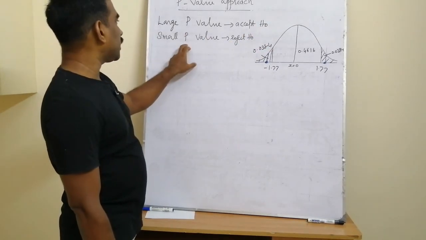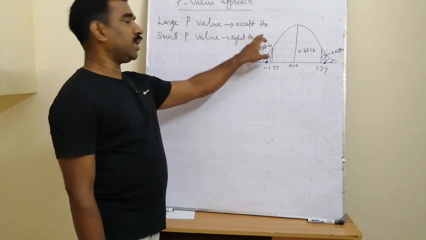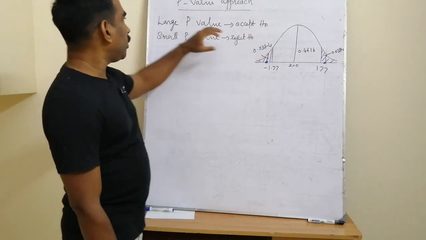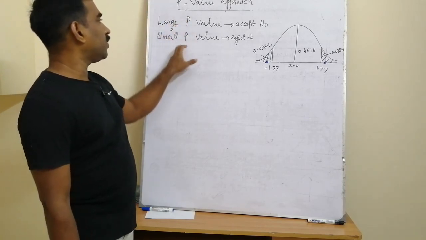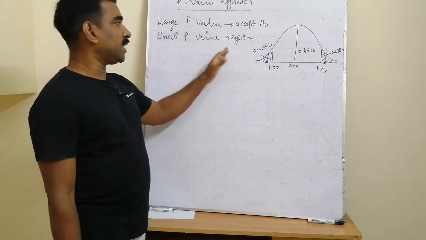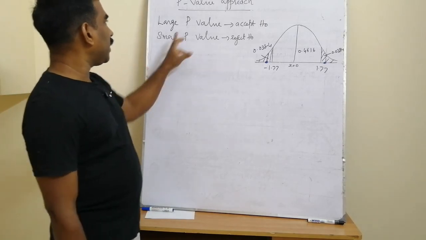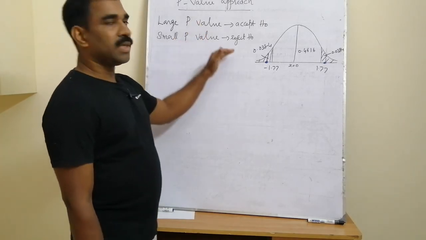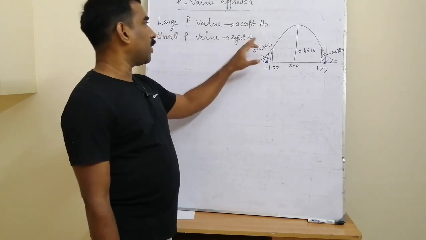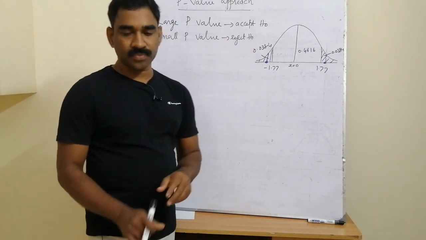If the computed p-value is less than the significance level, we will reject the null hypothesis. In actual situations, we compute this p-value using software. All statistical software will directly give this p-value. Then we can compare that p-value with the fixed significance level and arrive at a conclusion very easily.